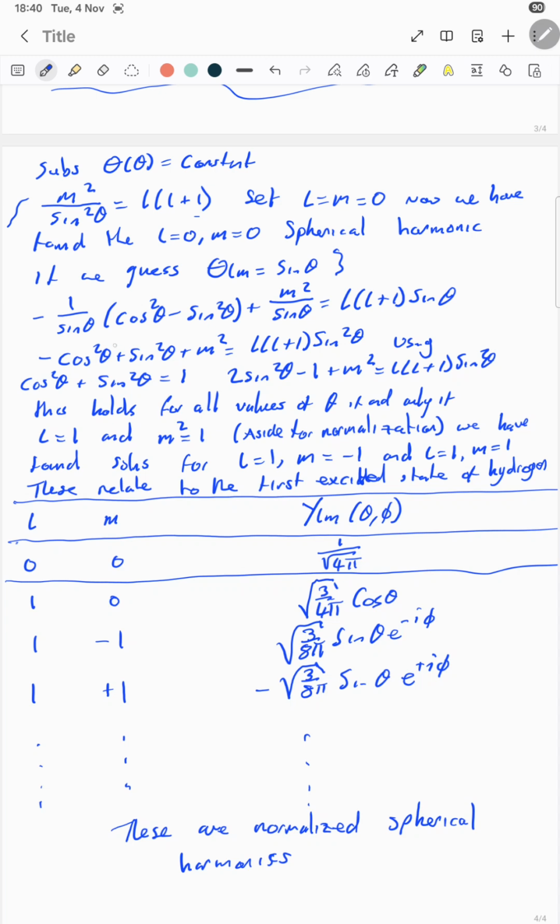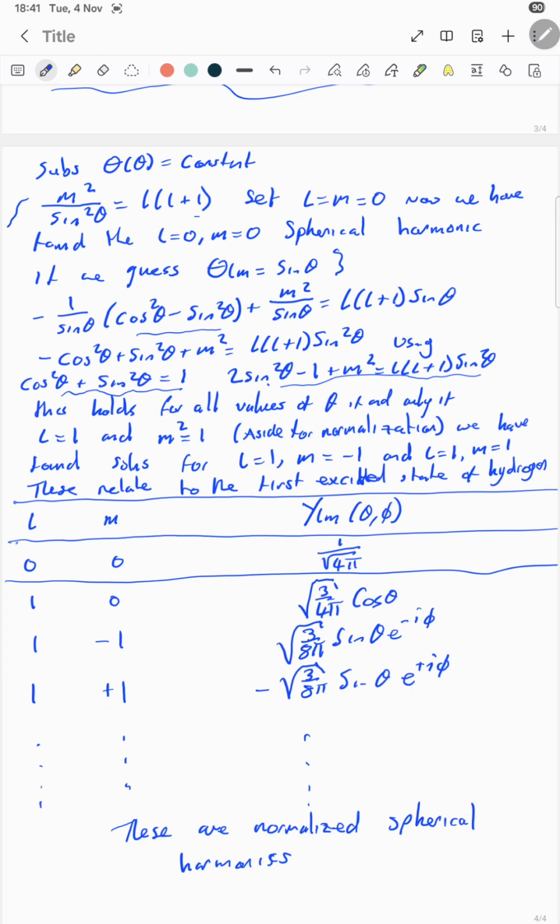Now, minus 1 over sine theta, cosine squared theta minus sine squared theta, plus m squared over sine squared theta, equals L times L plus 1, which again simplifies to this. Then we use the identity cosine squared plus sine squared equals 1, and we get the equation here.